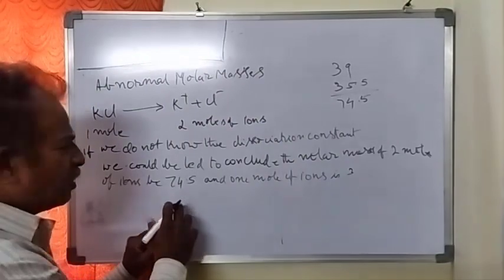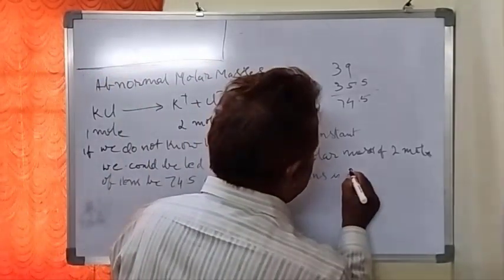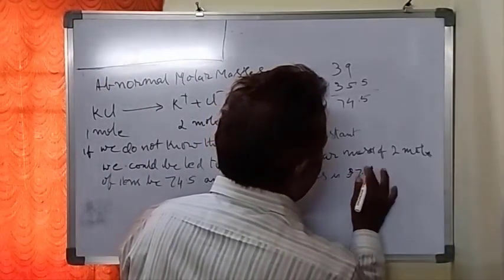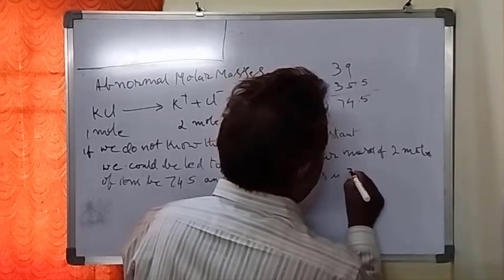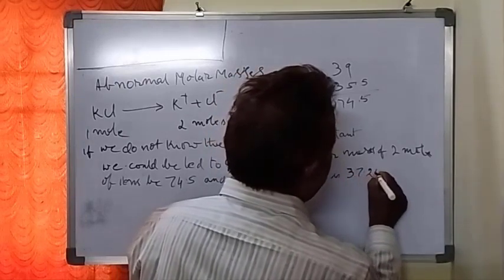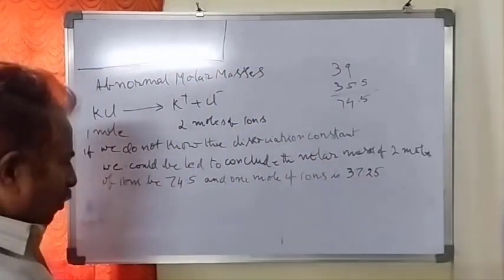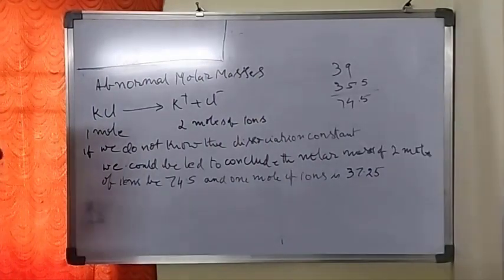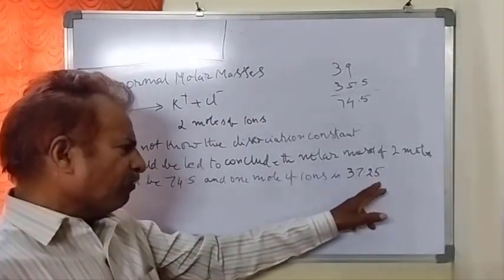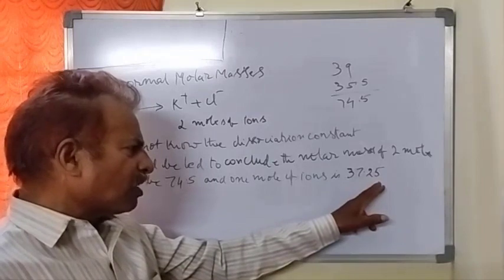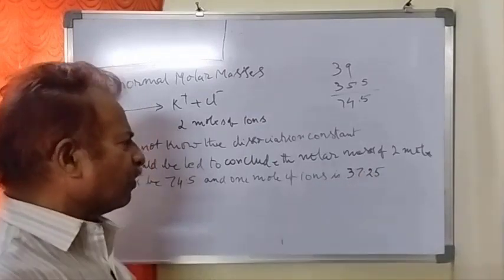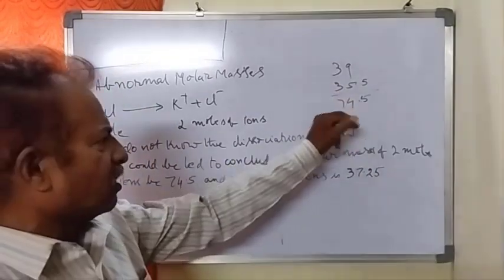So 1 mole of ions is half of this. Therefore this is 37.25. So 37.25 is the observed molar mass from colligative property, whereas the actual molar mass is this.